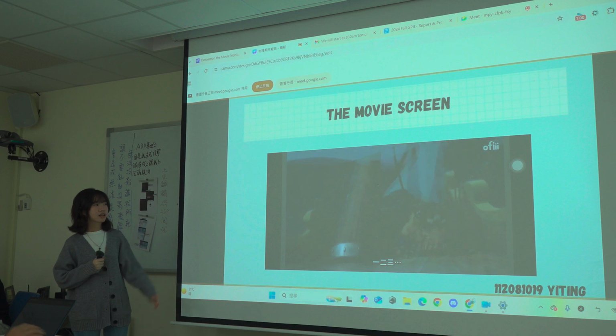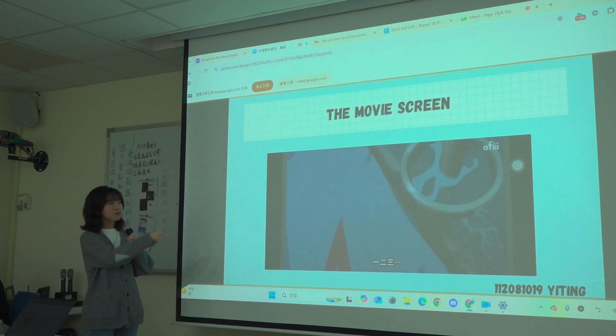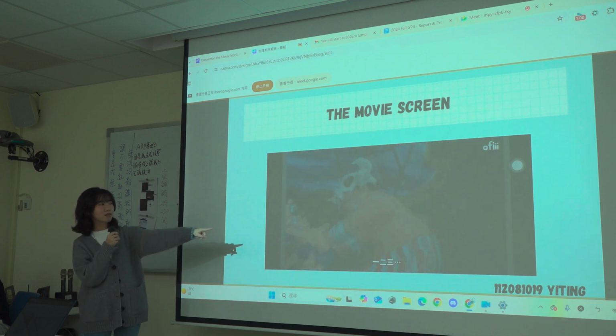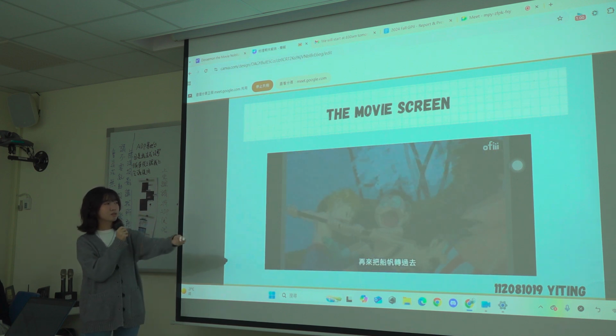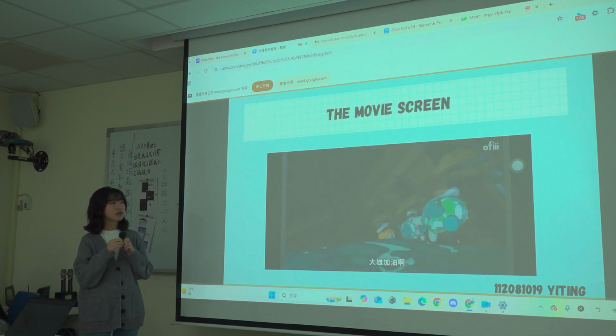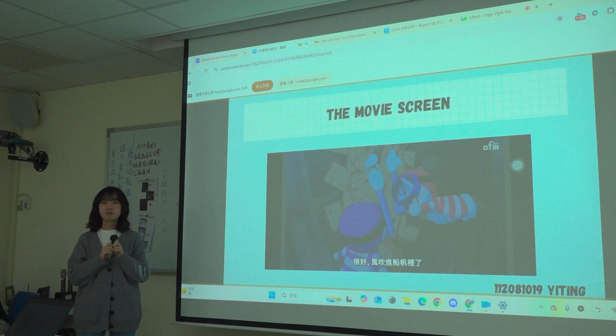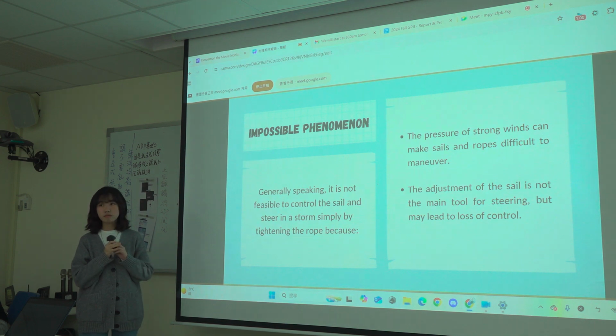Okay. And in this scene, everyone puts the roll in the stone, and then they put the sailboat in the stone, to control the right direction. So what's the problem?